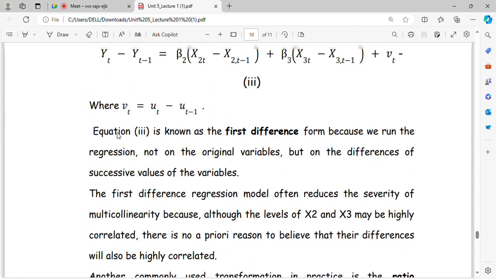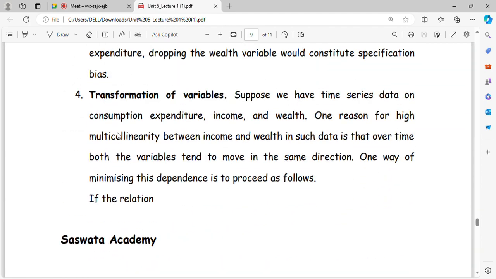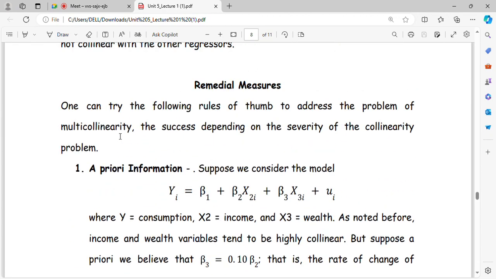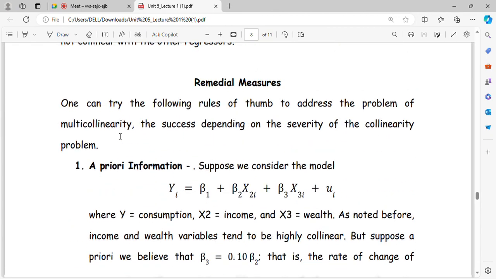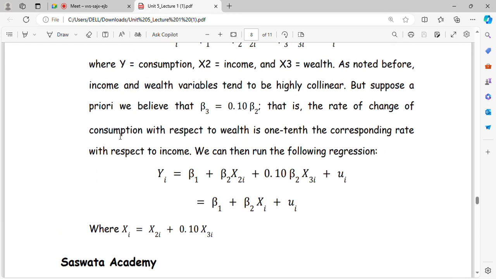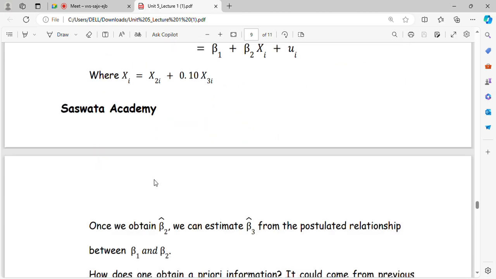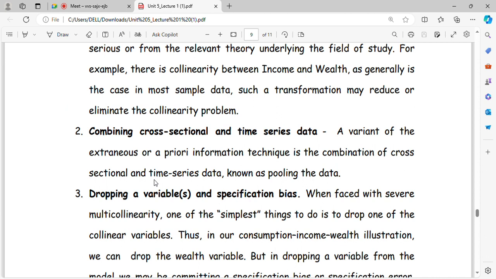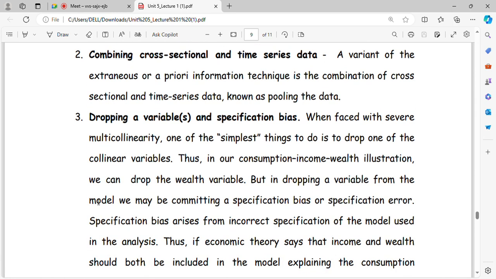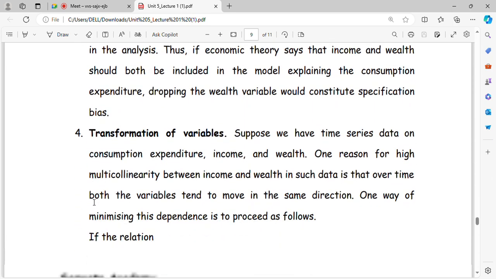So what are the remedial measures that we have studied? The first one is if we have some prior information, we can use it, like beta 3 equals 0.10 beta 2. Second, if we have data, we can compile them to get pooled data. Third, the simplest way is to drop some variables, and dropping some variables can lead to specification error, specification bias.